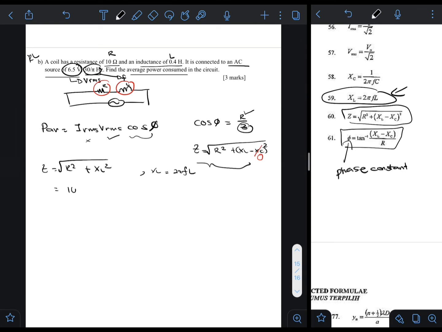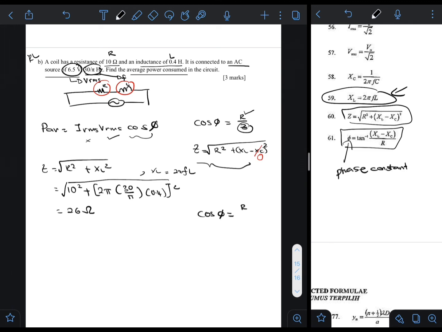Okay, so the equation here we are going to substitute R kita sebanyak 10 square campur dengan XL adalah 2 pi, F is 30 over pi, darab dengan L is 0.4, and then you square the whole XL term dekat sini, kita square rootkan mereka. And then you press your calculator, kita dapat impedance kita sebanyak 26 ohm dekat sini. You get 26 ohm here.